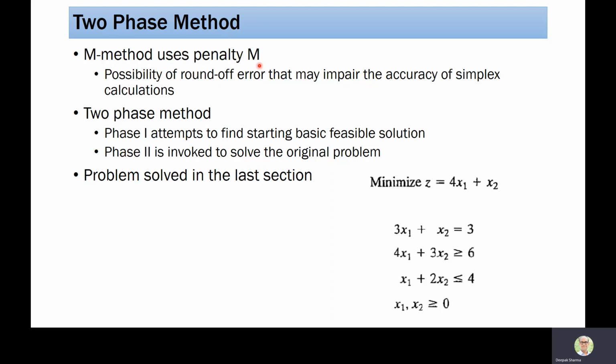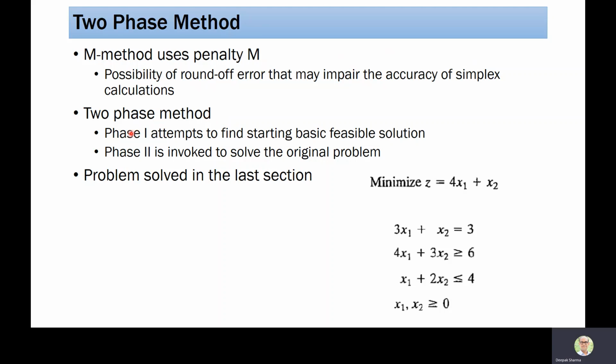So choosing the value of M is sensitive to the problem. There is always a possibility of round-off error, and that may impair the accuracy of the simplex method calculation. This can happen when the M value is comparable to the objective function value. So in order to remove this user-defined value M, we have another method called the two-phase method.